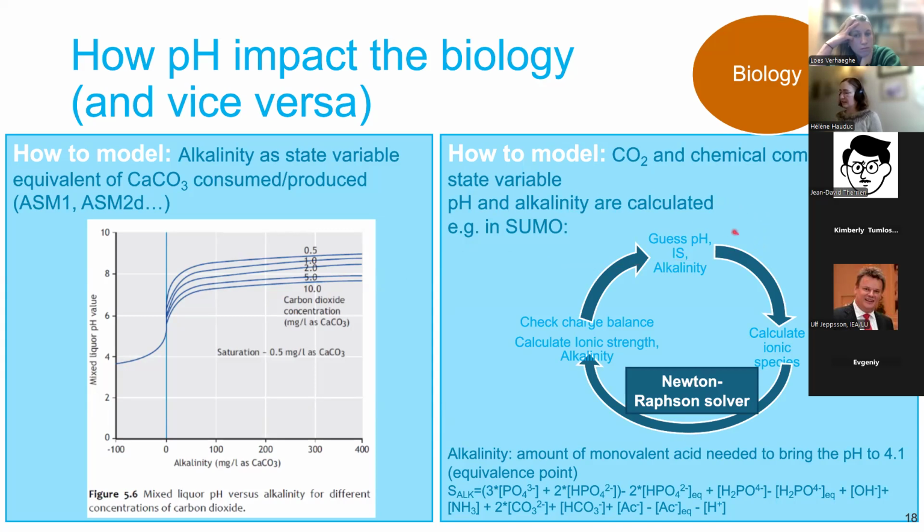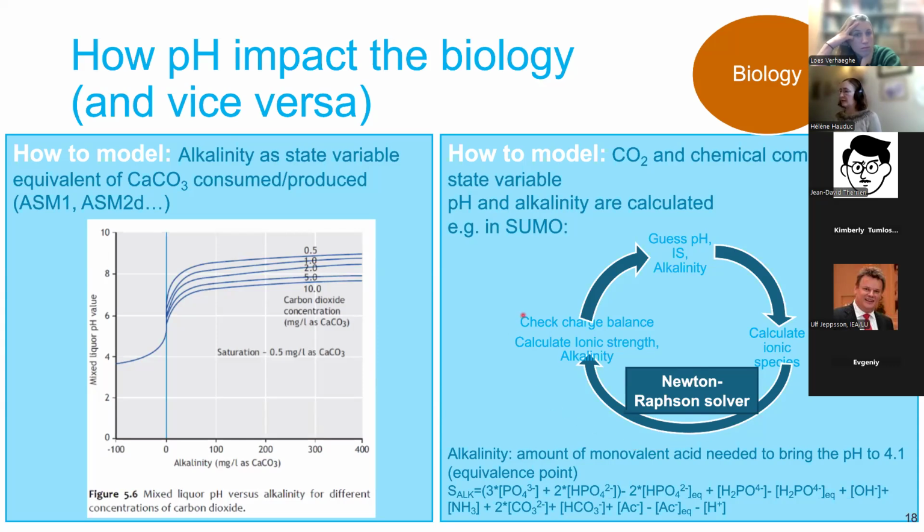So at each time step of the simulation, knowing all the compounds' concentrations, we guess a pH and an ionic strength, and alkalinity is calculated. And then we calculate the ionic speciation for each chemical species, as Kimberly showed.